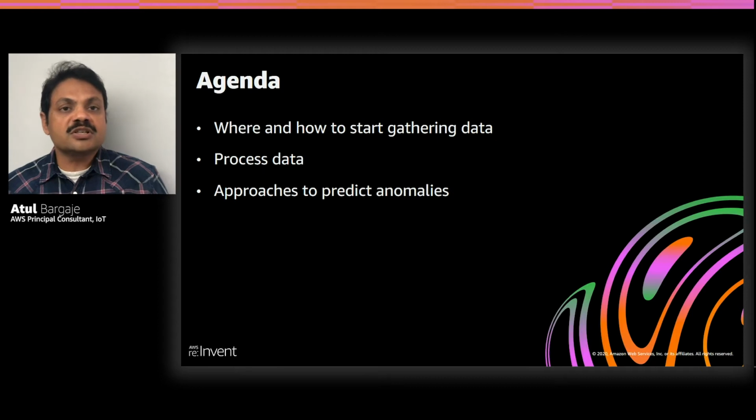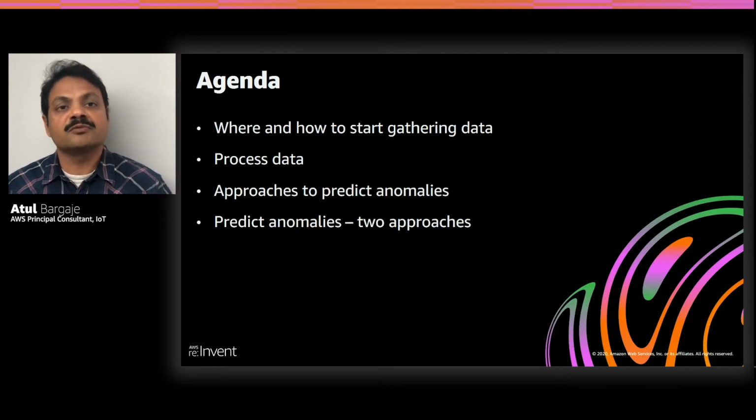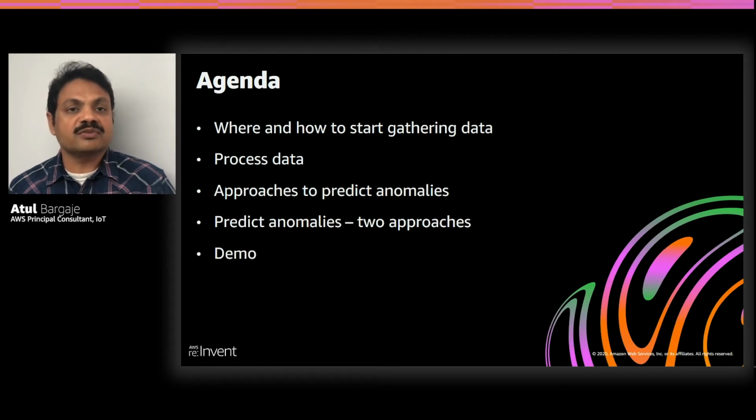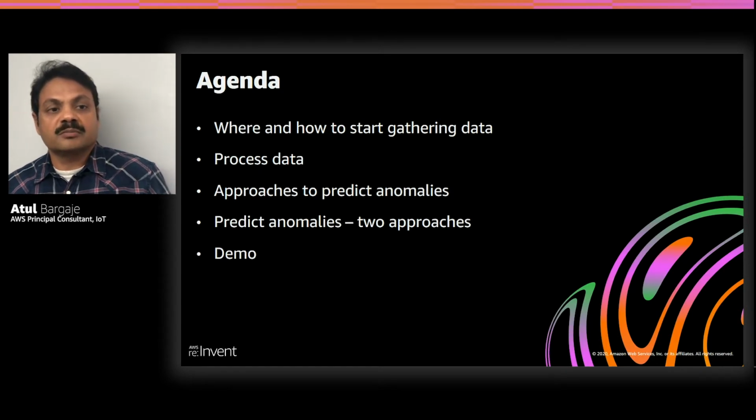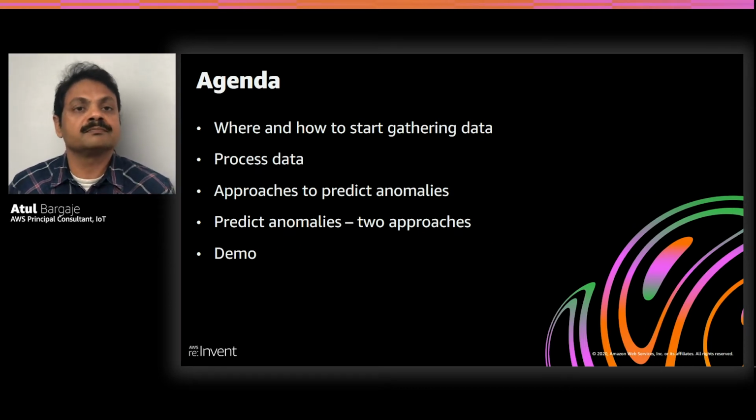We will discuss various approaches for predicting anomalies. Yushin then will dive deep into some of these approaches. And towards the end of our talk, Yushin will conclude with a quick demo of the process by which you can predict anomalies which can point to eventual failures.